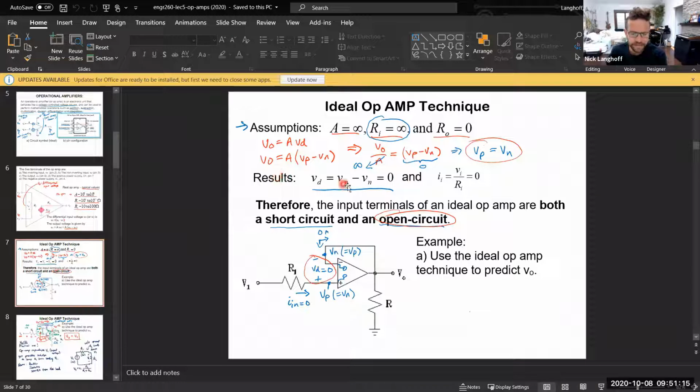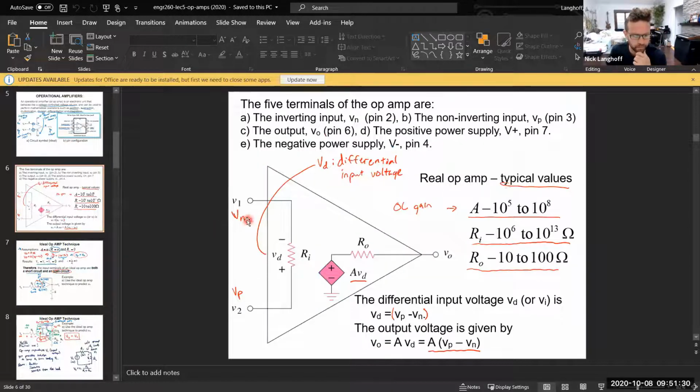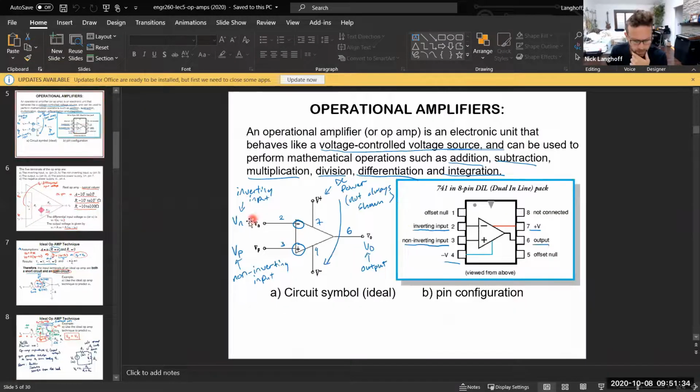Because the input impedance is infinite, the inputs don't draw any current. These pins, VN and VP, as we called them. You'll recall VN is the inverting terminal or inverting input, N for negative.